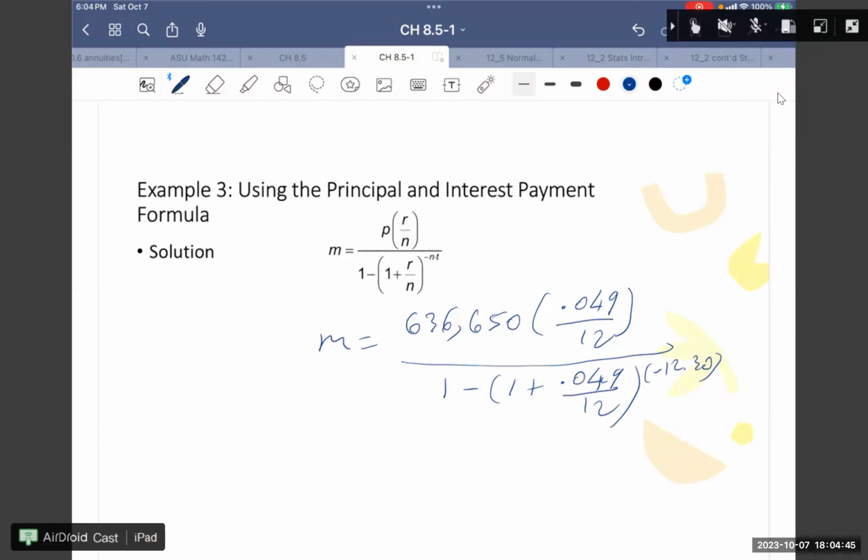So for this one, let me bring the calculator up and we can see it.